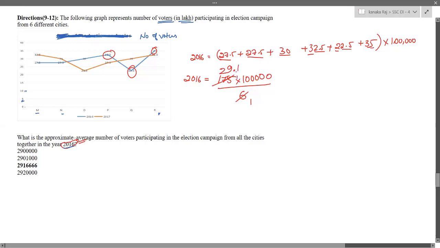What will be remaining? 4. 40, meaning 6. 6 is 36. Now once again, 6 will be recurring here. So into 1 lakh, what will be my answer? The average number of people who participated in election campaign in all the different cities for 2016 will be 2,91,666 approximately. The 6 will be recurring.